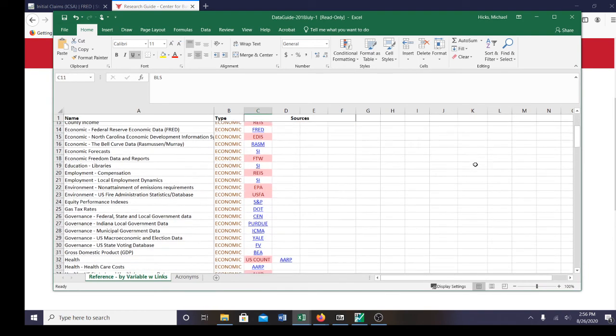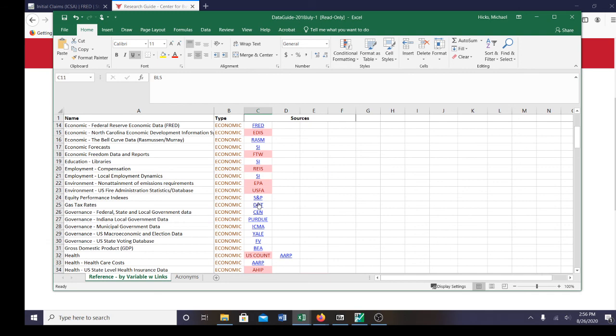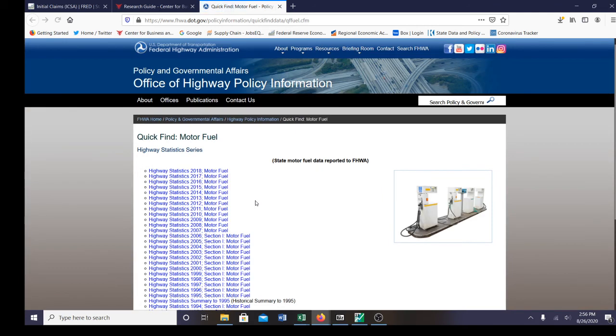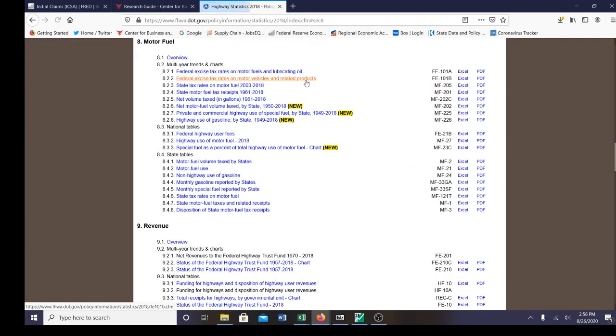And gas tax rates, let's just go to the U.S. Department of Transportation, Federal Highway Administration, and you can look at motor fuel taxes by state each year during those time frames. So you can see state tax rates on motor fuels.